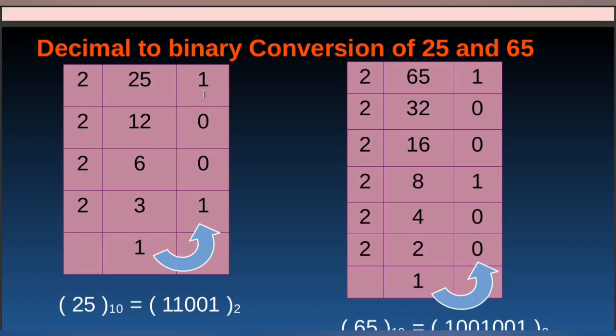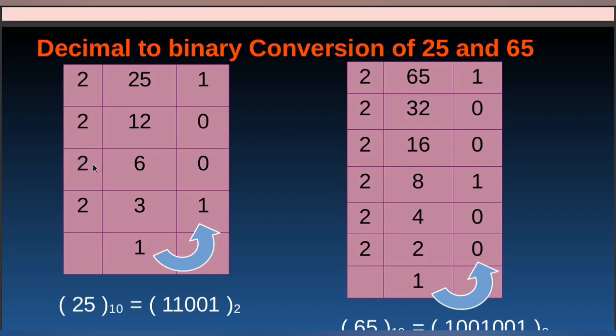So how to convert into binary form? Binary means two digits, so you have to divide the decimal value by 2, and the remainders are collected from the last. You can see this arrow goes from here to this side. So 2 divides 25, you get 12, remainder is 1. Again you divide 12 by 2, you get remainder 0.